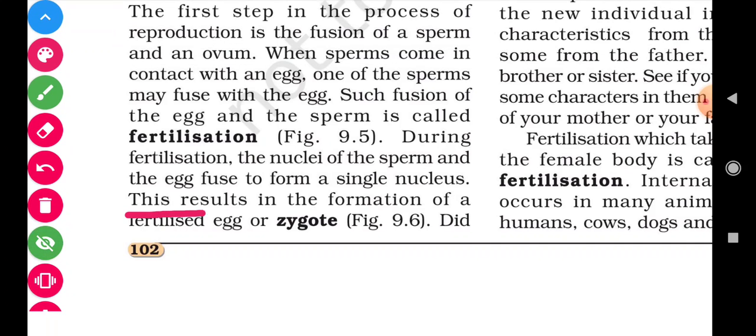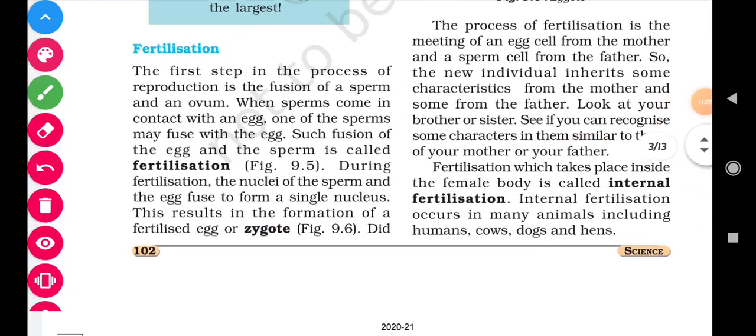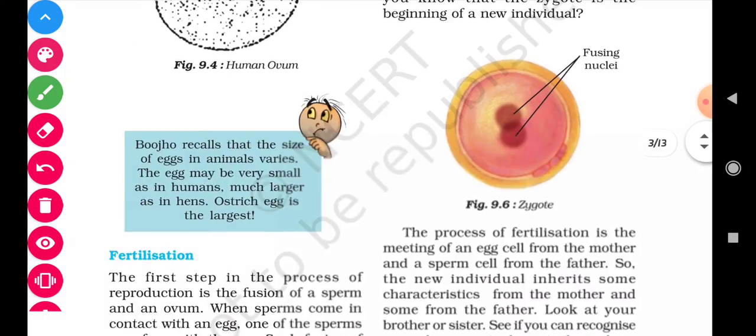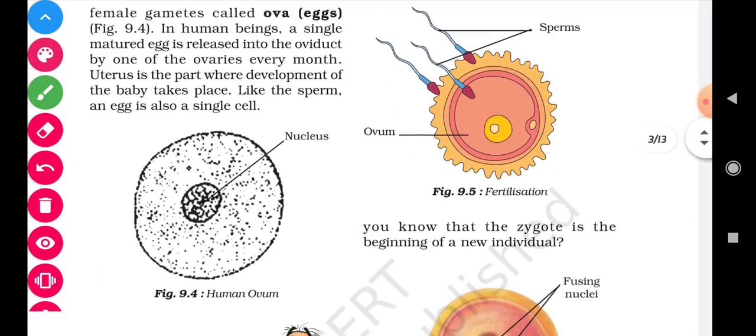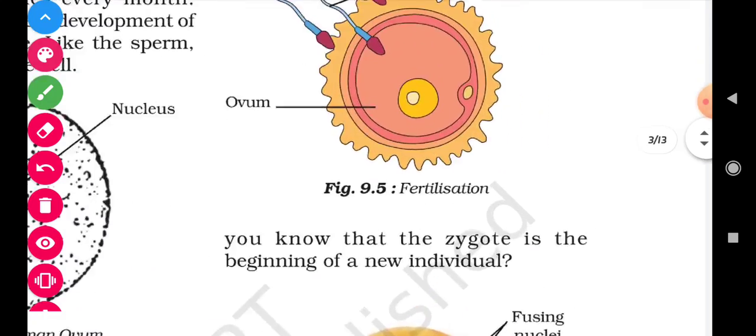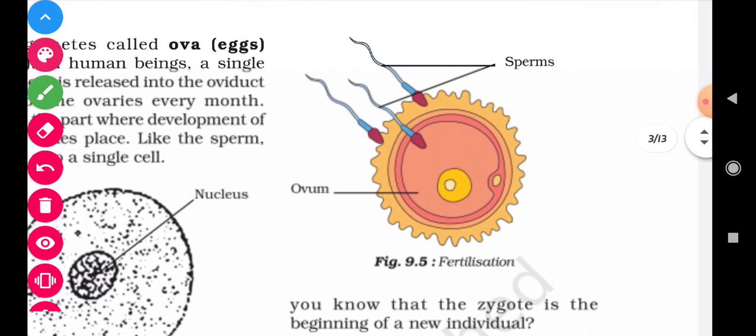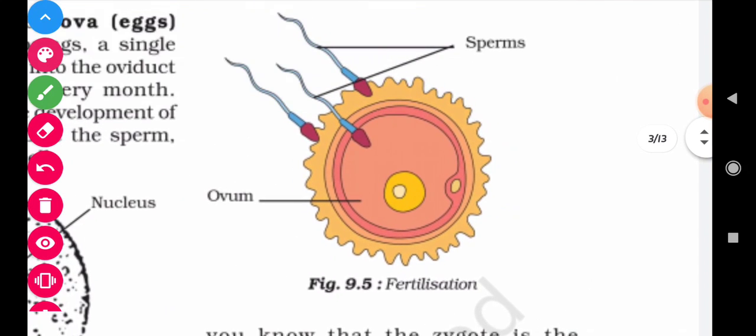This will result in the formation of the fertilized egg, which is popularly known as the zygote. So this fertilized egg, you can say it as a zygote also. Here the fertilization process is shown with the help of a figure.